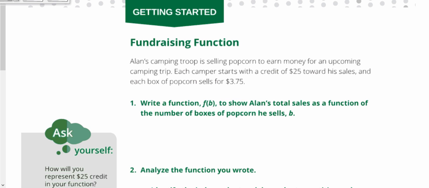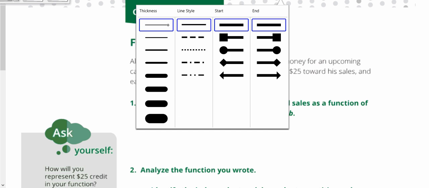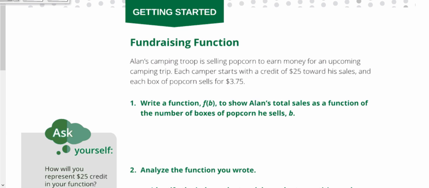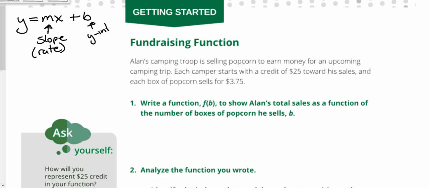So just a quick reminder there on slope-intercept, that it is in the form of y equals mx plus b, where m is the slope, or the rate that it either goes up or down by, and b is the y-intercept. It's basically where it starts.